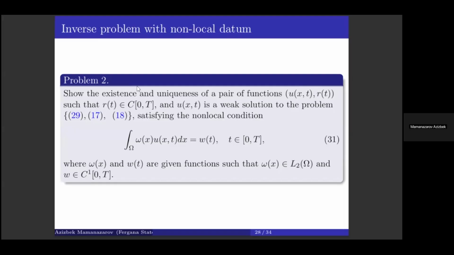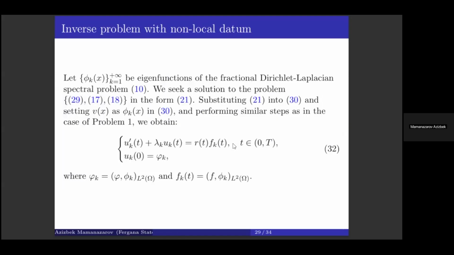This is a formulation of our second problem. Show the existence and uniqueness of a pair of functions u and r, such that r should be continuous and u will be a weak solution to the problem, and u should satisfy the following form of our determination condition.